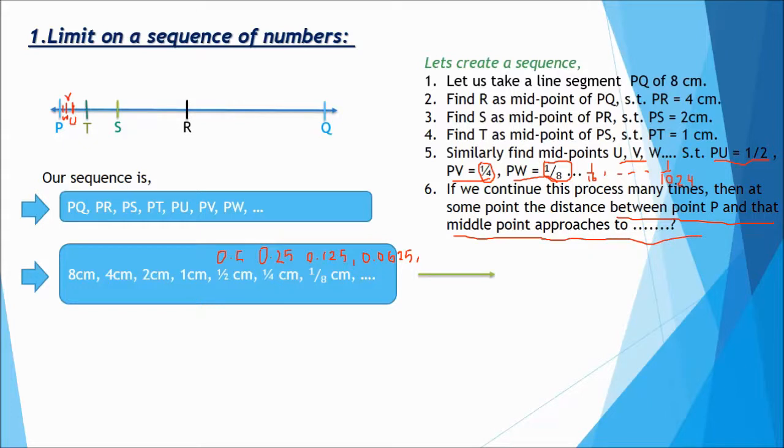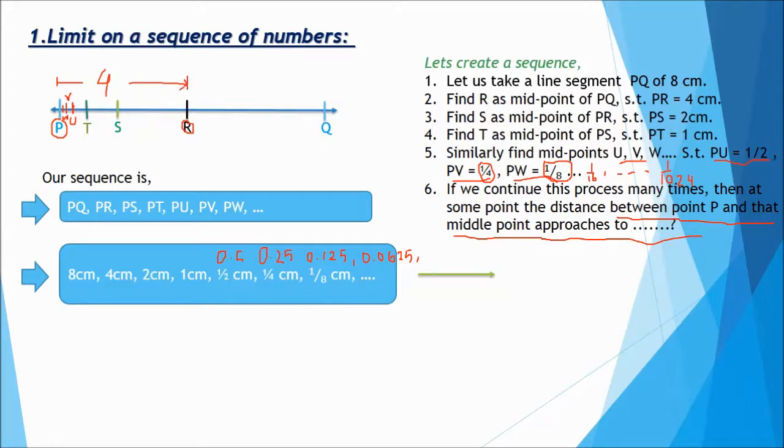You can read this line carefully. Now it's decreasing. Right here you can see we started with 4 cm, the distance between point P and midpoint R, and it's decreasing.